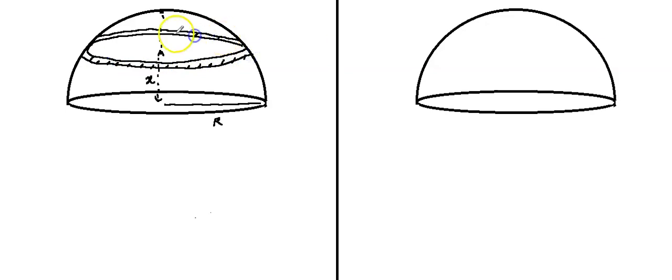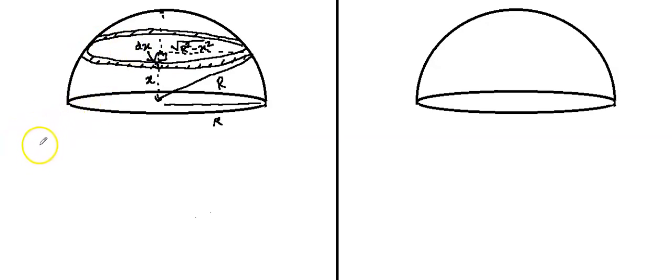We know that this is x, and this is r, the radius of the hemisphere. If you look at this triangle right here, this is a right angle triangle, which means this length is going to be square root of r squared minus x squared, right? And let's say the thickness of this element is dx.